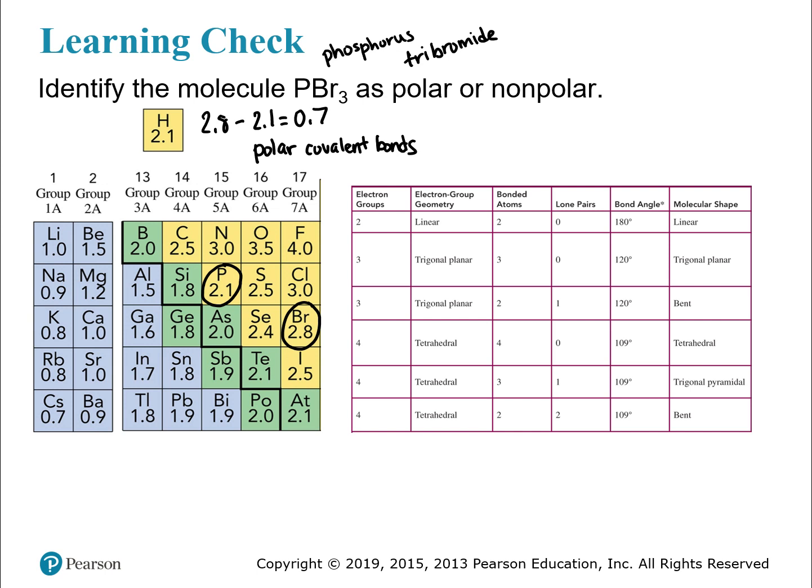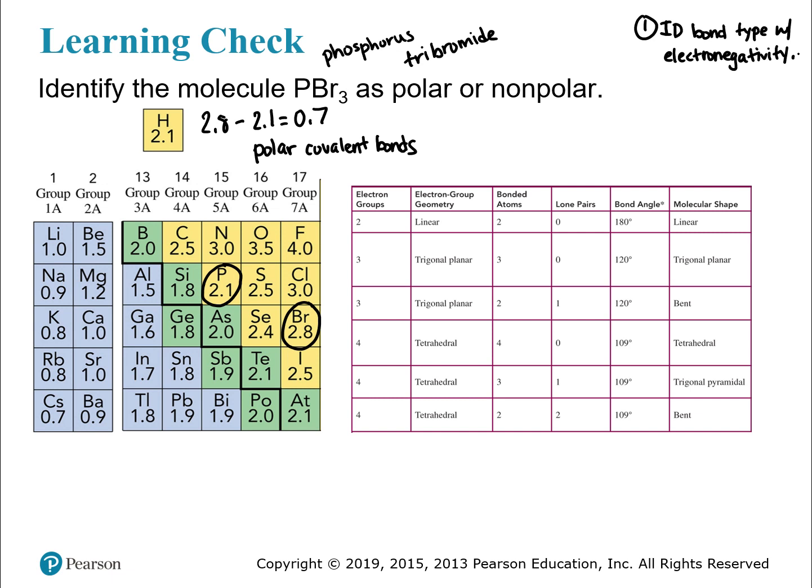Next thing we have to do is figure out the geometry of the molecule. So let's start writing some steps down. First thing we did was identify the bond type. We did that by using the electronegativity table.